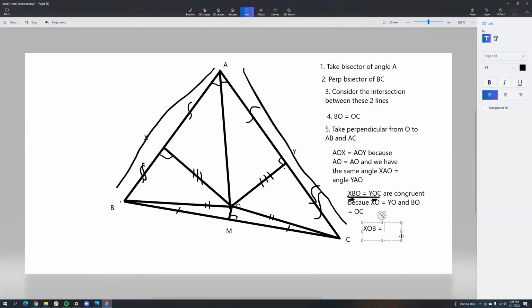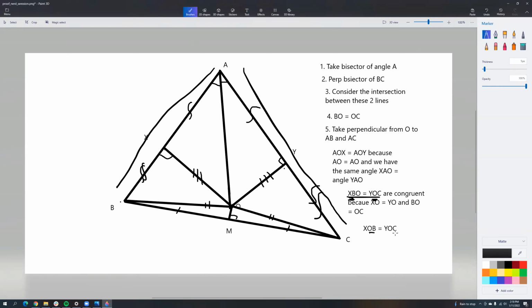It still doesn't change the math. YOC like this, right? So that's the congruence because XO equals YO, right? And BO equals OC, which is given, right? And from this congruence, you can get XB equals YC, right? You still get this.